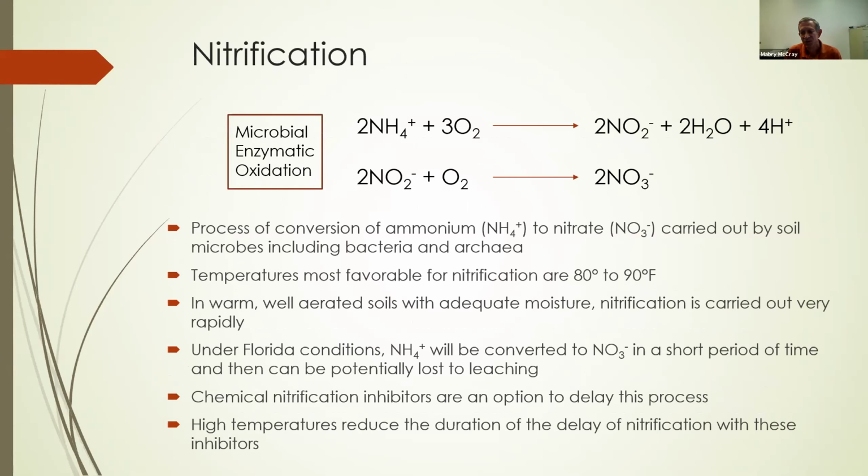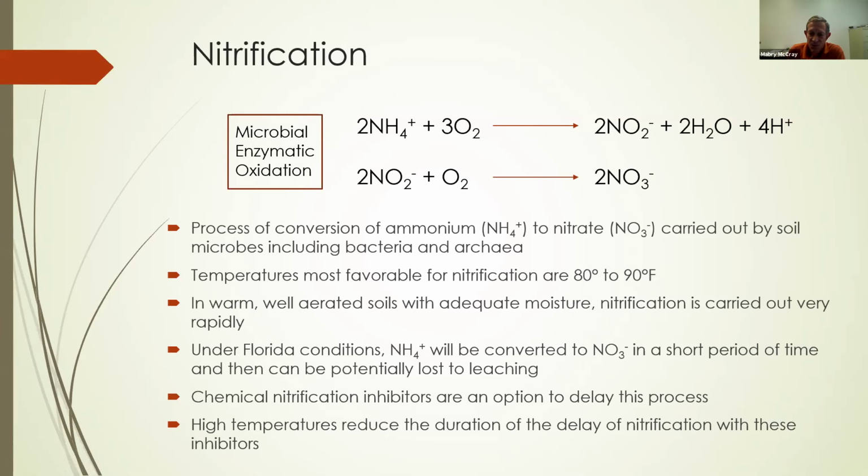Nitrification is an important conversion, which is converting the ammonium cation to nitrate. It's a two-step process, to nitrite and then to nitrate. It's a microbial enzymatic oxidation, so it's carried out by either bacteria or archaea in the soil.